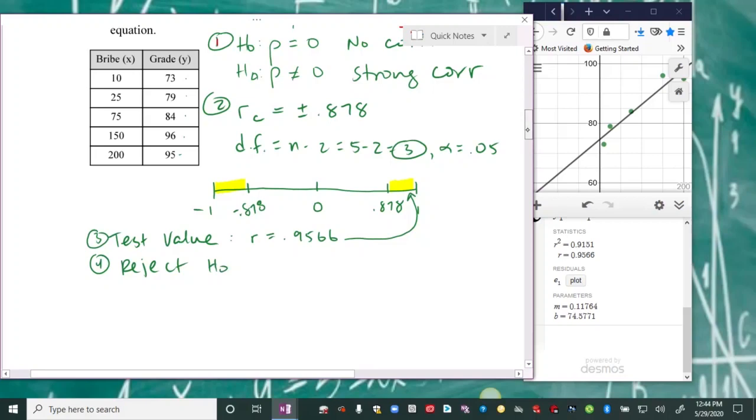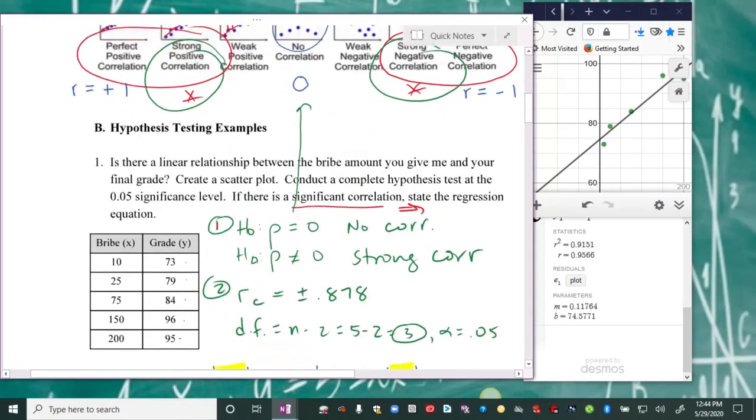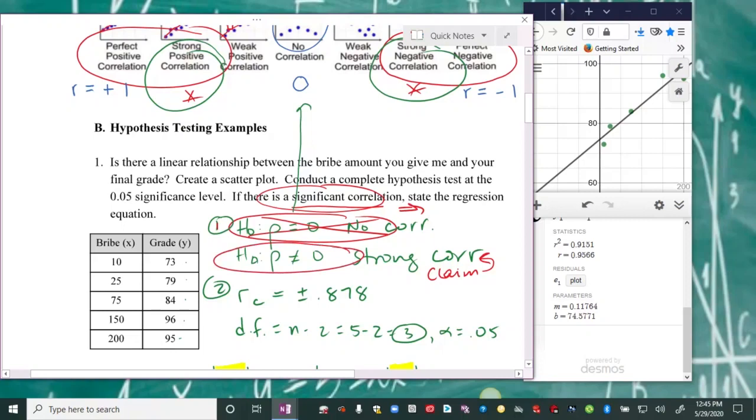If we're thinking about this in terms of a claim, let me grab my red pen. We want to know if there's a significant, strong correlation, so that means my alternative is my claim. We're rejecting the null hypothesis, so we're crossing this one out in favor of the alternative, which means we are supporting the claim.